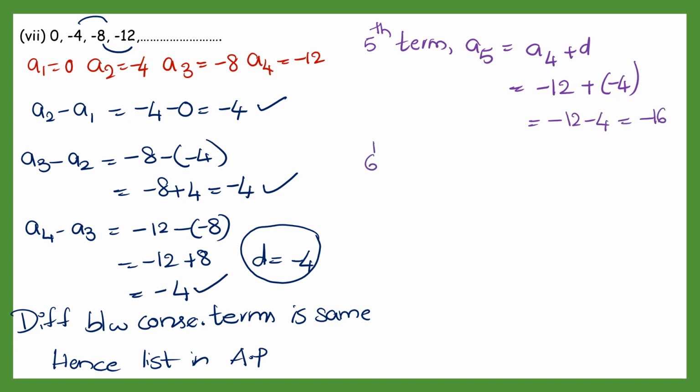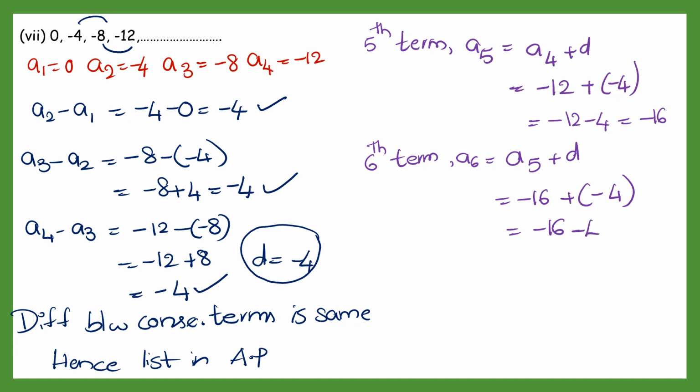Now sixth term A6, which is nothing but fifth term plus common difference. Fifth term is minus 16 plus common difference minus 4. So minus 16 plus into minus is minus. So minus 16 minus 4, minus 20.